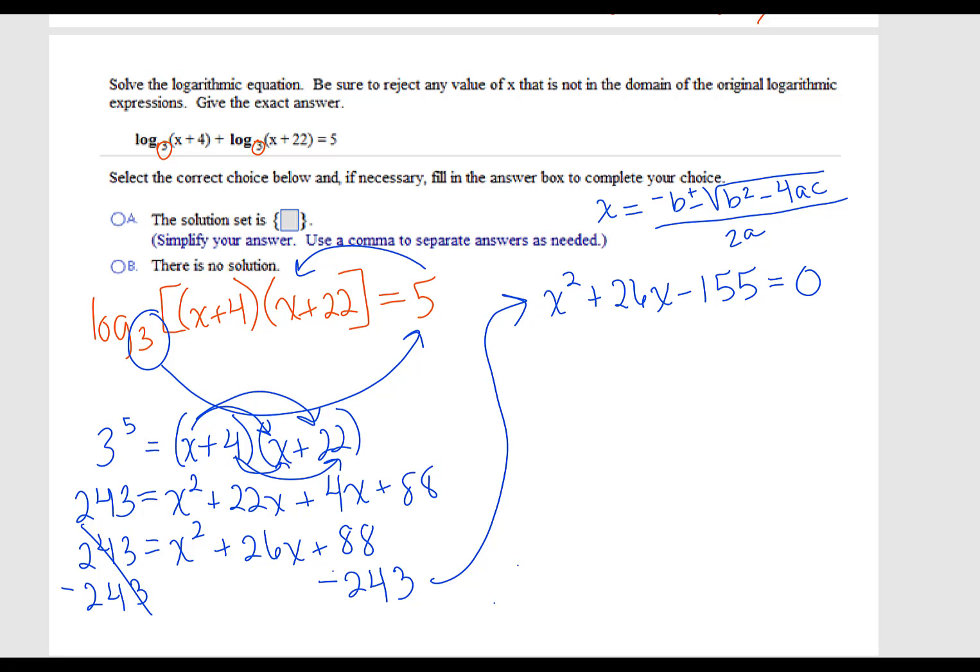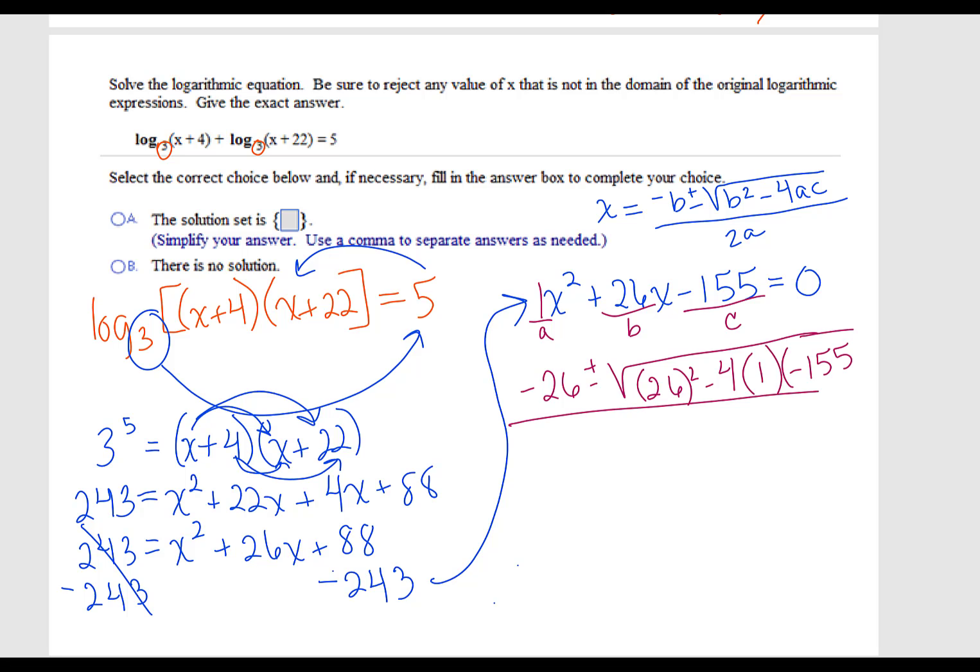It was a couple videos. So this would be my A, this would be my B, this would be my C. Just going to plug it in. So negative B, 26, plus or minus the square root of B squared minus 4AC, over 2A.